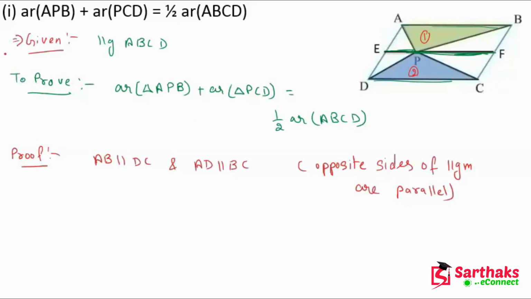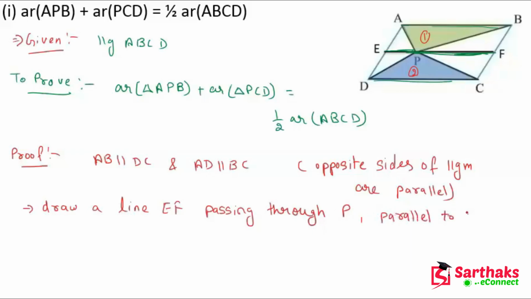So here we write: draw a line EF passing through point P, which is parallel to AB and DC.